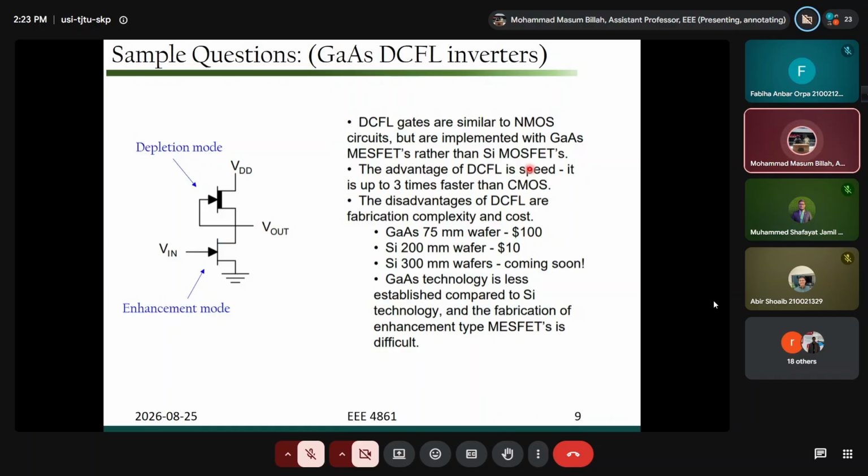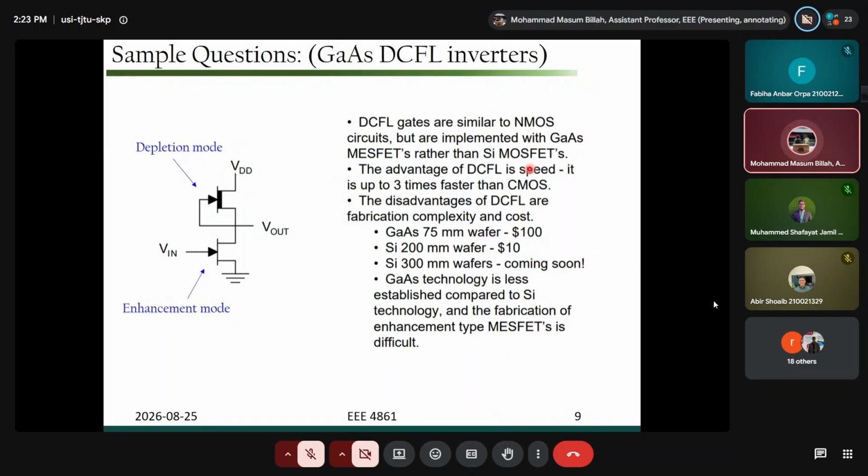You need more fabrication steps, that means more money. They are more precise and application oriented, for example satellite communication and other military applications where precision is highly desired. For RF circuits, like communication circuits, you should definitely consider this sort of gallium arsenide device.